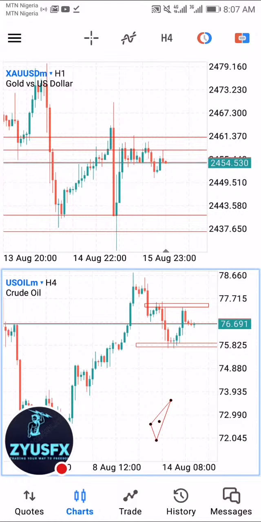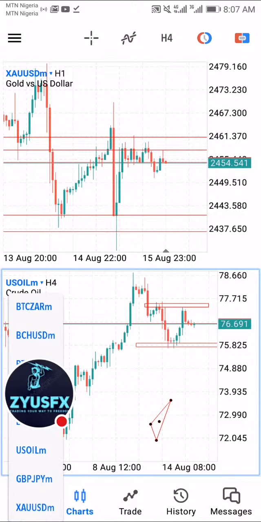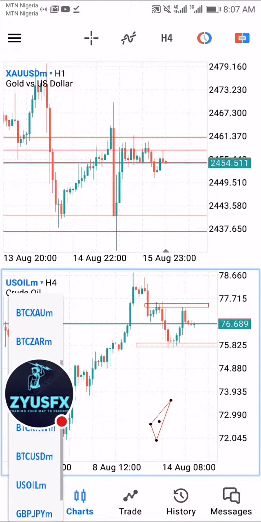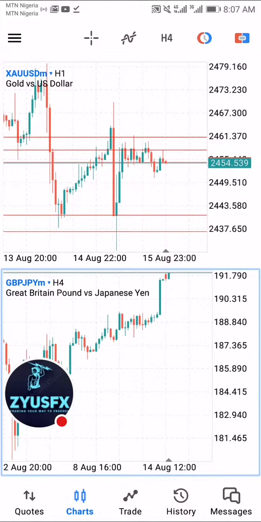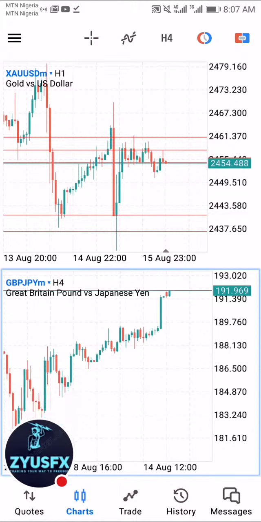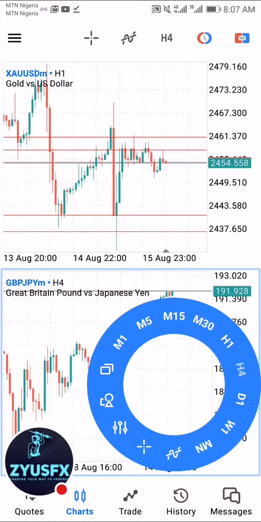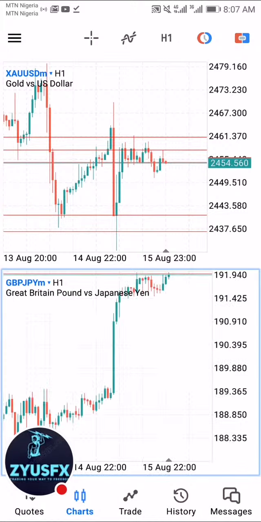So let's check on Pound JPY. If we can get a trade there, that would be great. Pound JPY price has been flying up since yesterday because of the news.